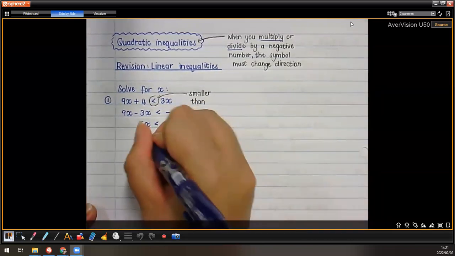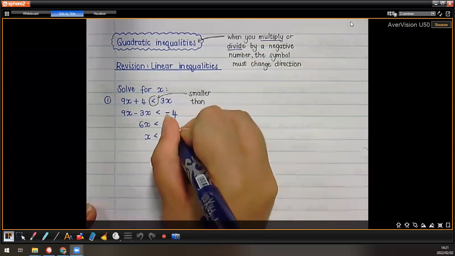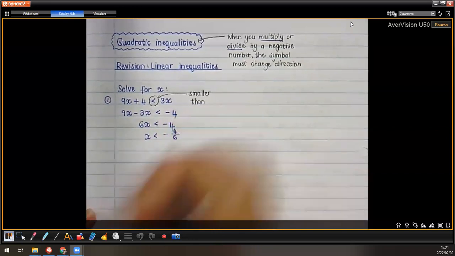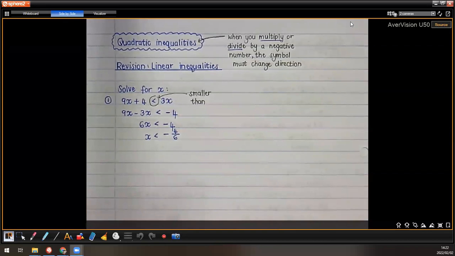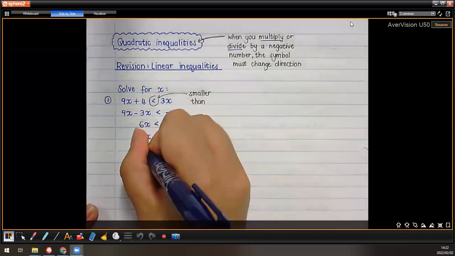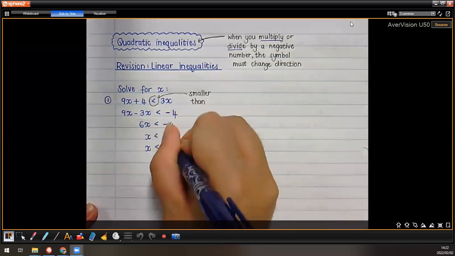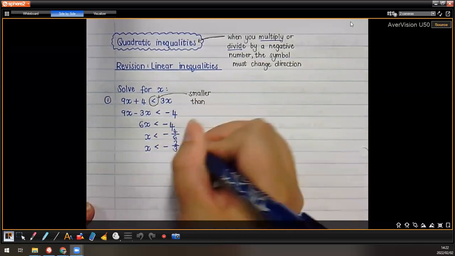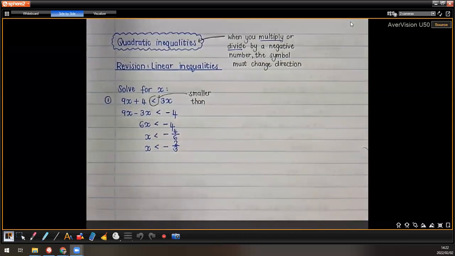So x is smaller than negative 4 over 6. Is 4 over 6 the simplest form of our fraction? 2 can divide into 4 and 6: 4 divided by 2 is 2, and 6 divided by 2 is 3. So you have to simplify that. The answer is that x has to be any number that is smaller than negative 2/3.